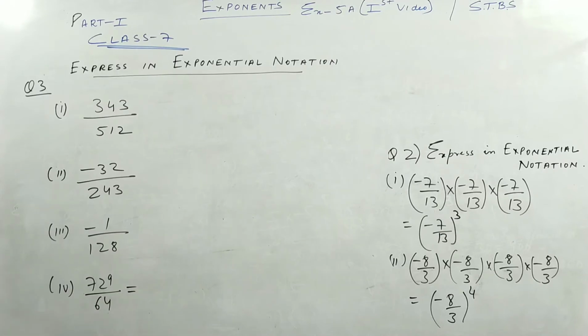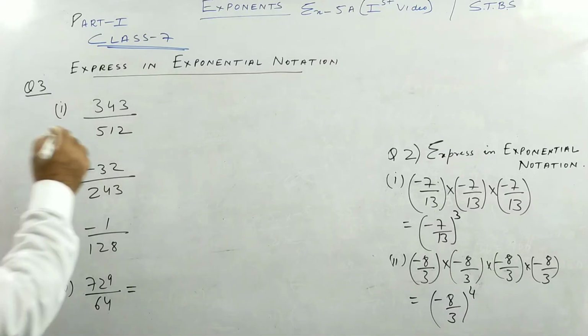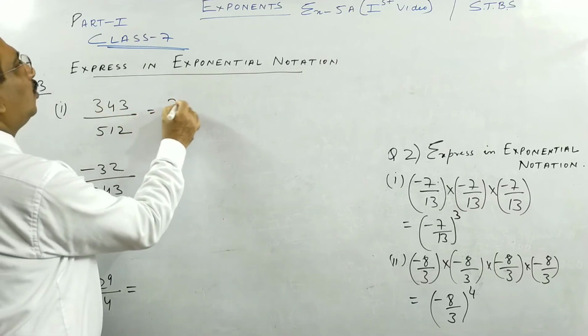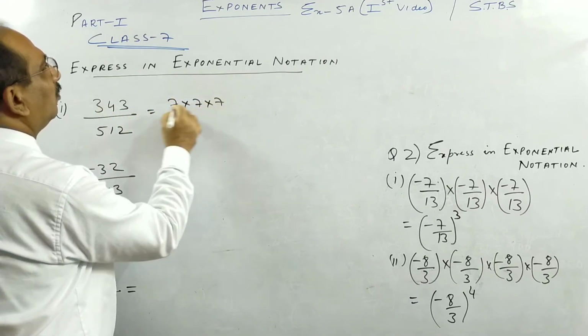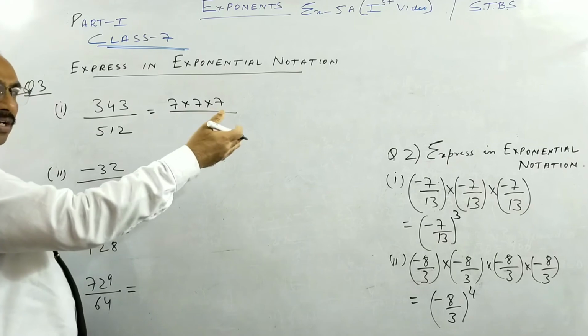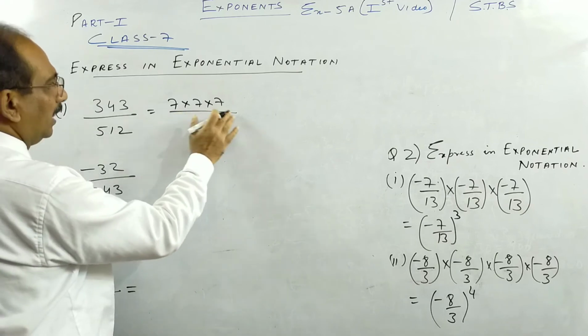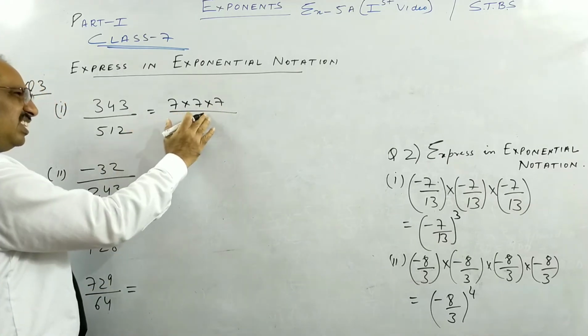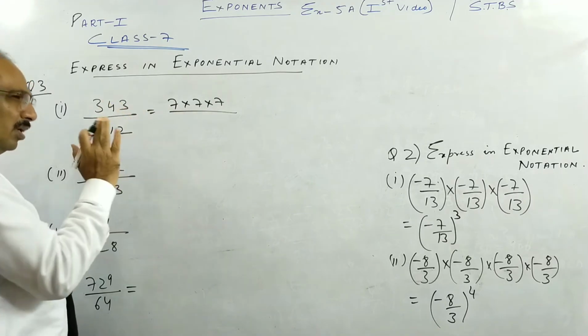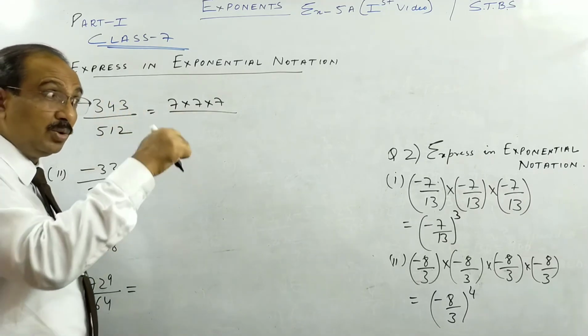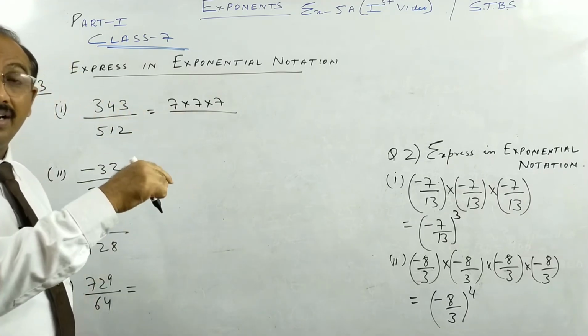Now we move on to the last question of this session. So if you see here, question 3 part 1, as I was telling you, 7 cubed, I was telling you 49. See my earlier part of the video. 49 sevens are. So if this is 7 cubed, that's why I said you write squared and cubed.